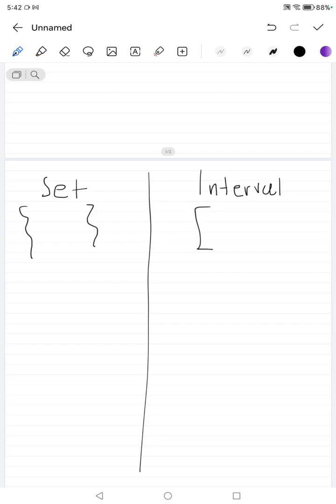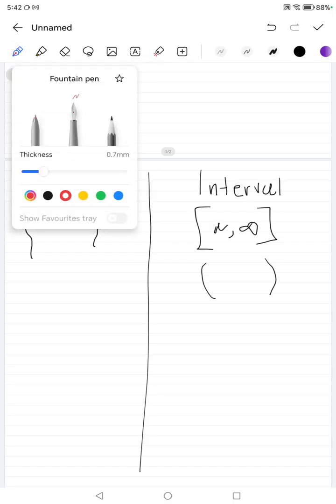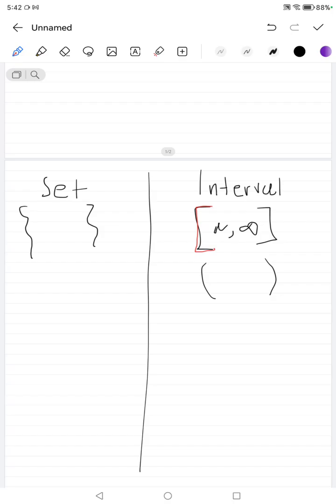You can get your closed brackets, you can get your brackets like this. All these parentheses just mean something. Let's just say here you have something like your a to positive theta. So that means now we're including everything from a up until this positive.